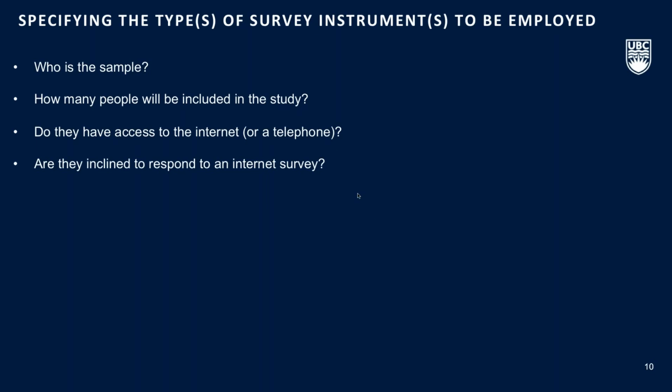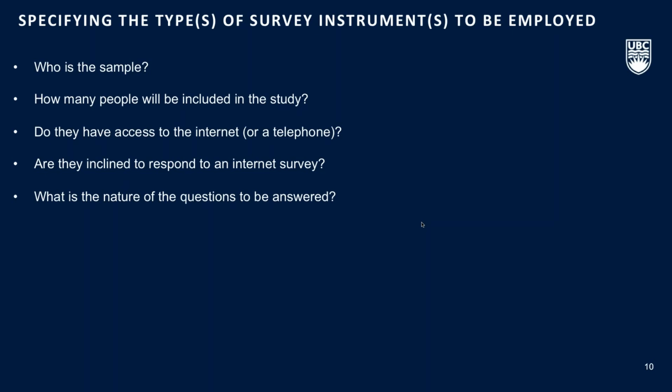I know my students tell me that they're bombarded with internet surveys, and if you just take a minute and think about how many you say no thanks to, whether it's your bank or whether it's a service you're using. So there's an overuse of internet surveys these days. So will they respond?